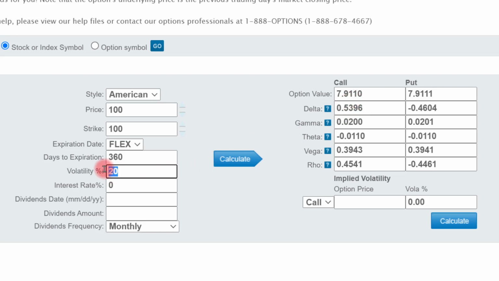If we spike to 50%, watch what happens to this price now. We go from $7.91 to $19.60. So that's an increase of over $11, about $11.69 looks like. Big change in terms of dollars. Even though we made the change in volatility the same, going from 20 to 50, it just didn't really have an impact when there was no time.